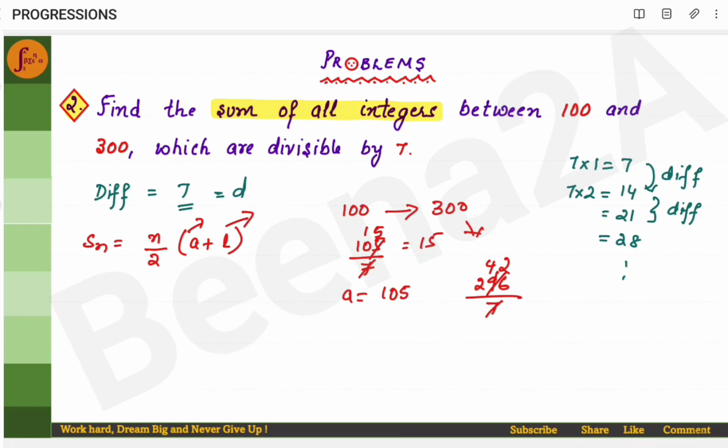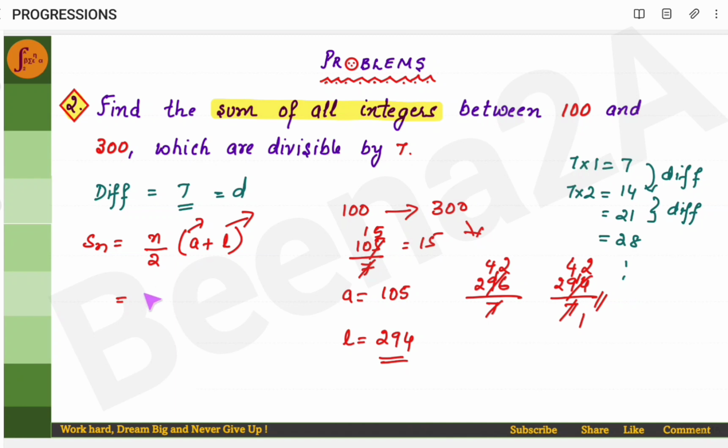No, it's not divisible. So let's take 294 now. Let's try this. 7 fours are 28, 7 sixes are 42. Yeah, 294 is the number. What is the last term? 294. You have to take the number closest to 300, which is 294.